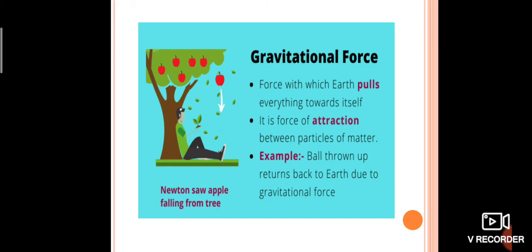It is the force of attraction between particles of matter. For example, a ball thrown upwards returns back to the earth due to the gravitational force. This force is of infinite range. This force exists between the planets as well as the atomic level constituents.